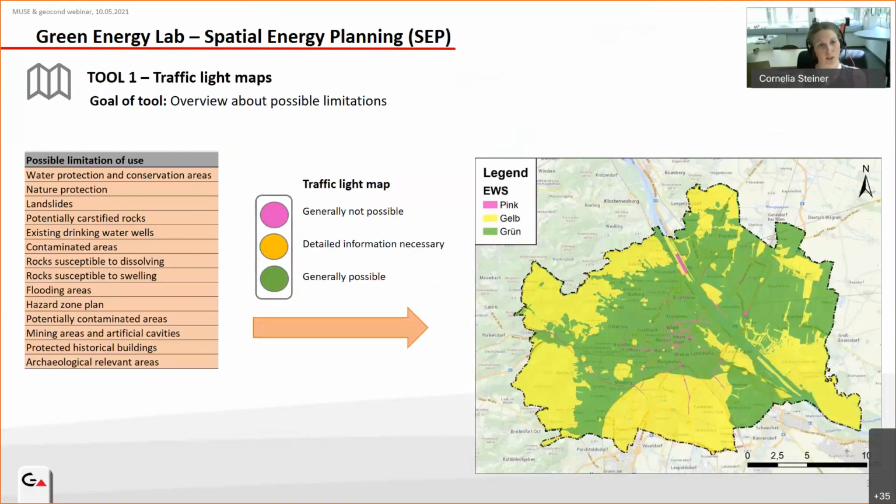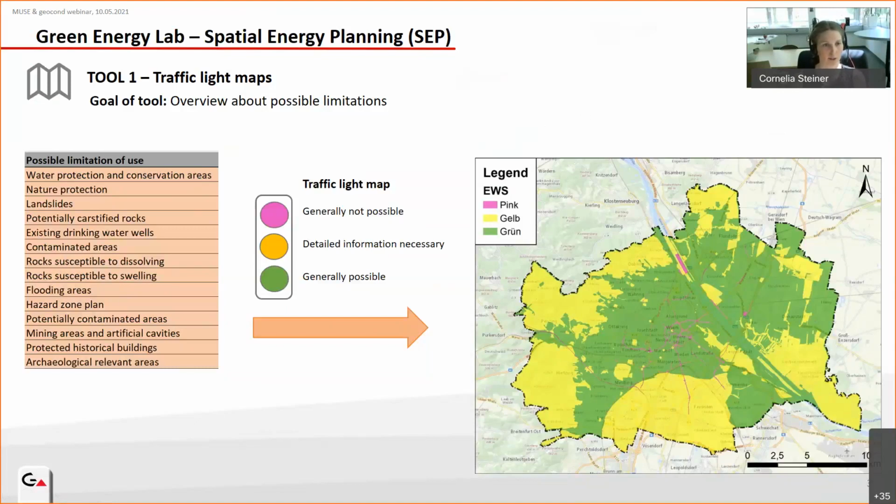So we develop those traffic light maps for the different systems separately. So there is one map for borehole heat exchangers, one map for the groundwater use, and so on. The second class means that there is more information necessary. It is not strictly prohibited to use the system in this area, but there might be troubles or problems that one has to look into.